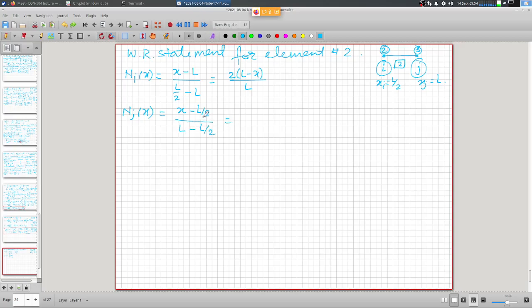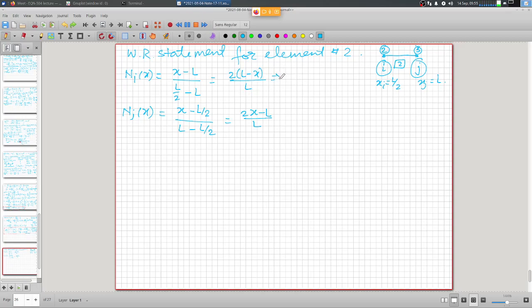So this is equal to 2x minus L by L. So at x is equal to L, this is equal to 1. At x is equal to L by 2, Nj vanishes. Similarly, at x is equal to L by 2, Ni is equal to 1, and at x is equal to L, Ni vanishes.